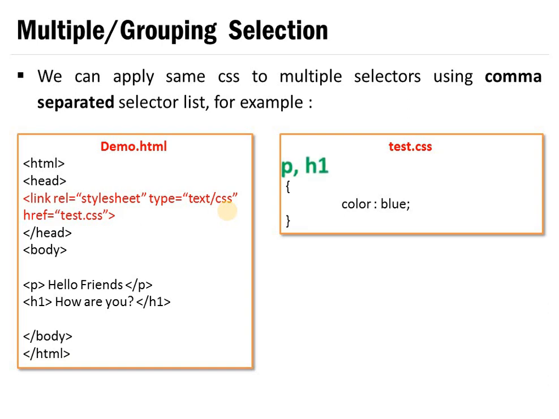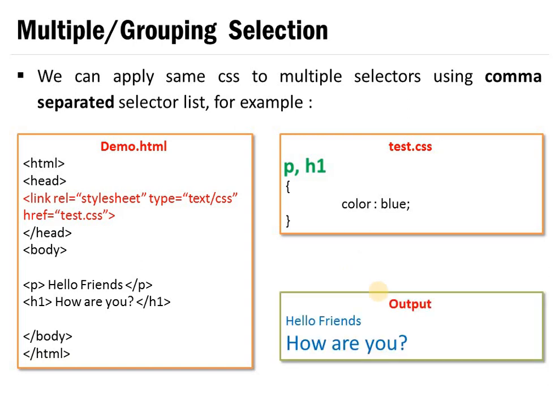In this section I have used two HTML selectors, p and h1. This style will be applicable to p as well as h1. So this is your grouping selection or multiple selection. Over here you are getting blue text for the p tag and for the h1 tag.